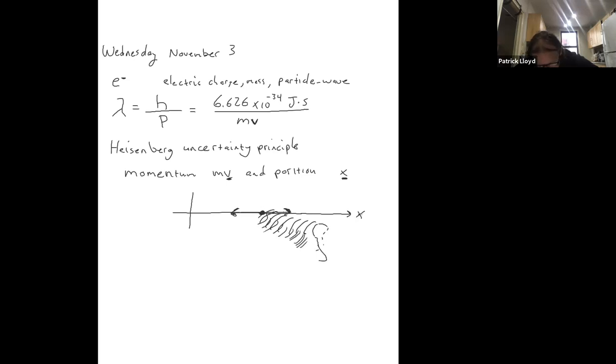I'll draw a little eyeball to represent the detector, right? And then what do you do? You do a calculation. You say, okay, at this time it's here. At that time it's there. The difference in positions divided by the amount of time, right? So you've got to measure position and time, right? So velocity is the change in the position, delta x, over the change in time, delta t.